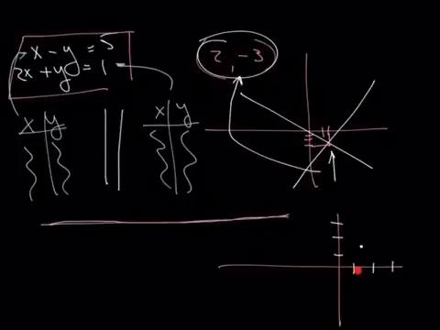You can only guess that maybe it's over 1.5 and up 1.5, maybe 1.6, not really sure exactly. This is just used to estimate where the point is going to be. You can't get an exact value, especially when you're in decimals. And that's why we're going to do elimination and substitution, so that you can get exact values for your x and y.